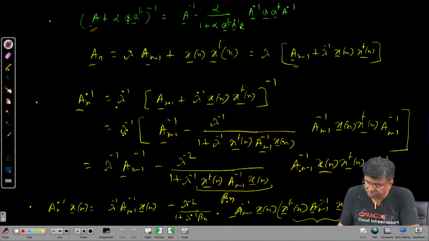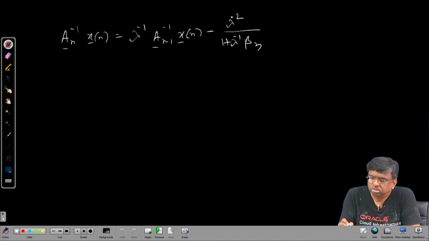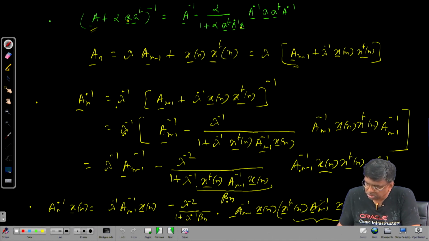This beta n I write first. It is a scalar, I can write it in the front or in the end, does not matter. Beta n, and then this fella. This is a matrix into column vector.